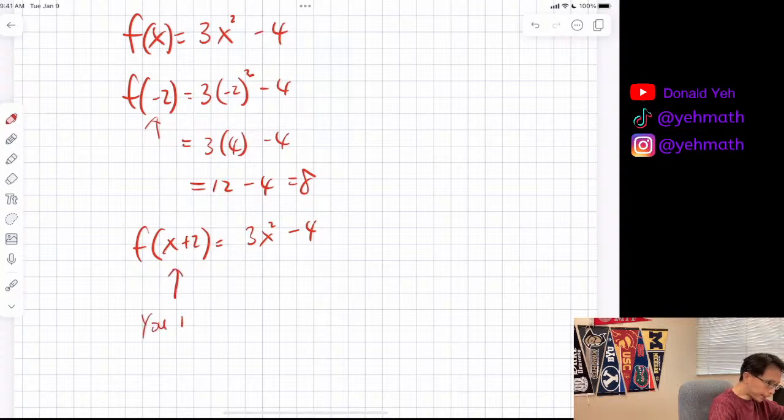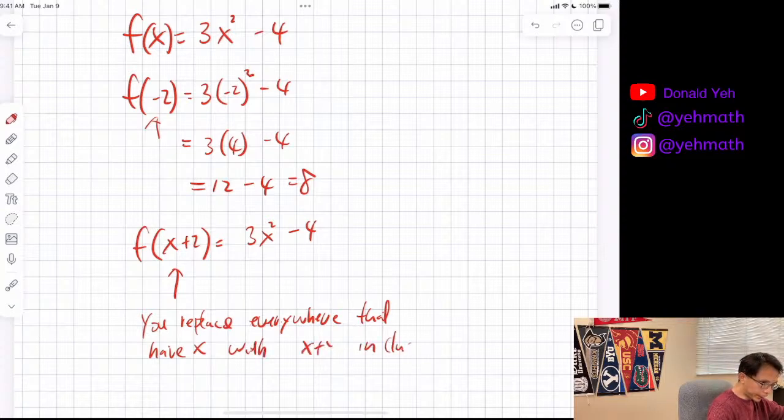You replace everywhere that has x with x plus 2, including parentheses.